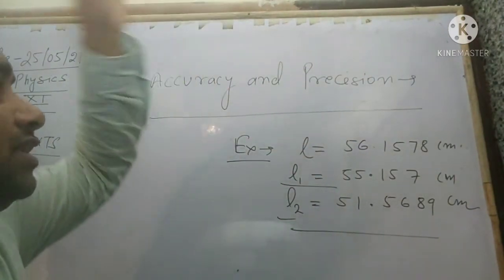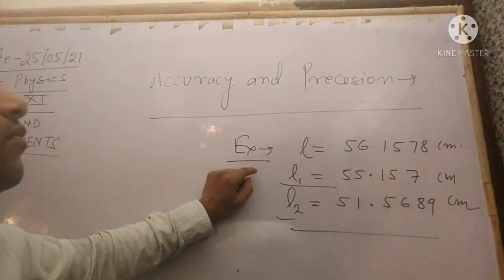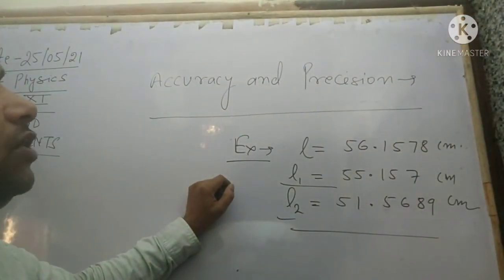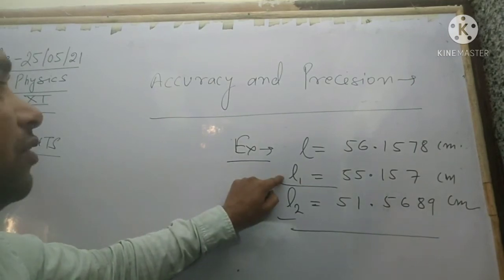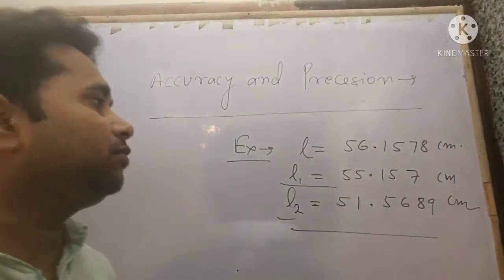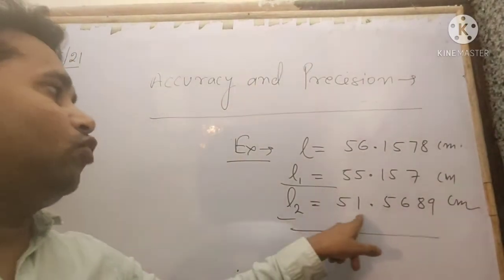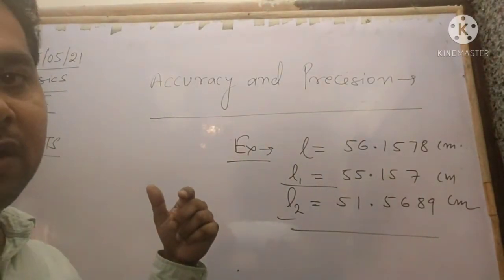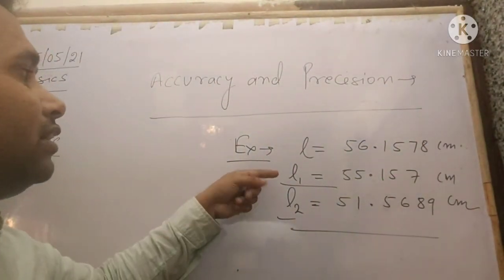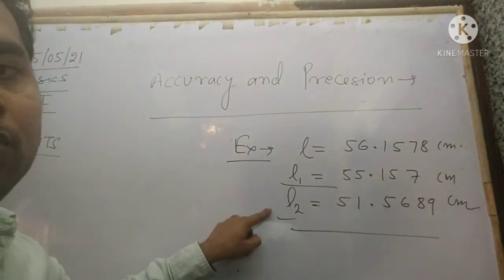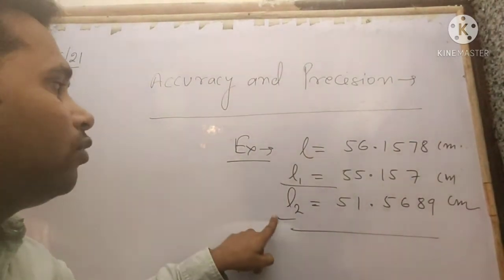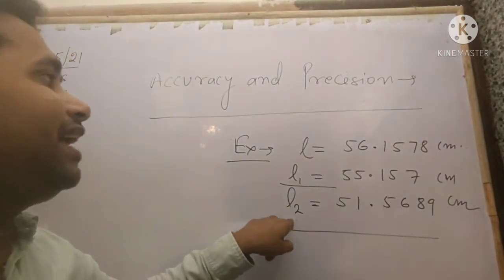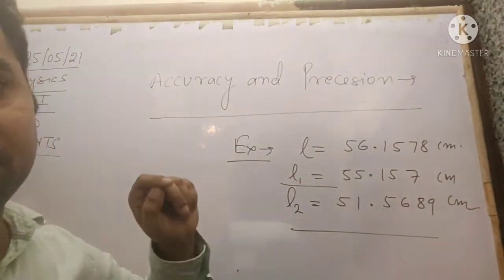The original value is 56.1578 centimeter, L1, the first observation, is 55.157 centimeter, and L2 is 51.5689 centimeter. Just as I showed earlier for accuracy, L1 is more accurate than L2, but L2 is the more precise value than L1.